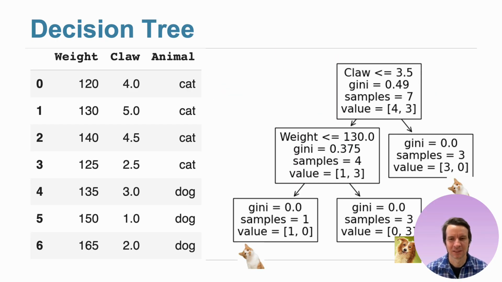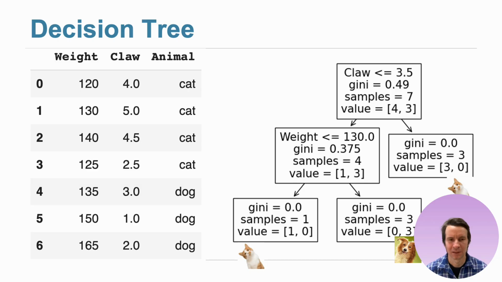First thing is decision tree. I will try to make a series of questions such that at the end it will tell us if we have a dog or a cat. So first we look at all the animals. We ask the animals, what is the claw?